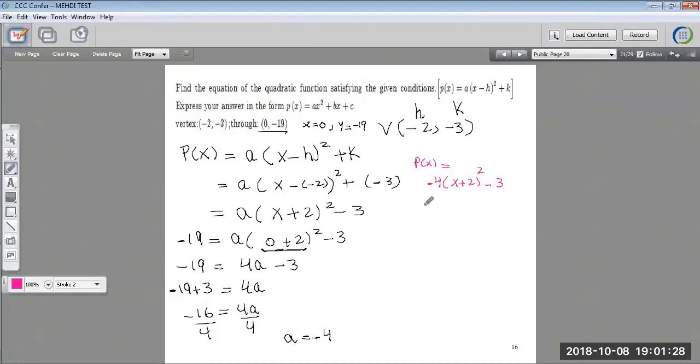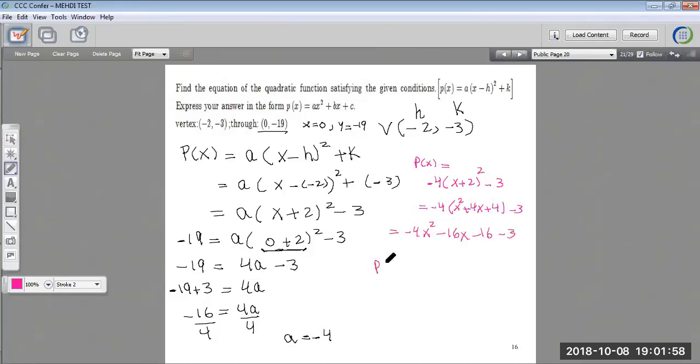But they want us to write this in standard form. So I need to expand this. It would be minus 4 times, that would be x squared, plus 2ab, that would be plus 4x, plus 4, minus 3. If I go ahead and distribute, I get minus 4x squared minus 16x minus 16 minus 3.